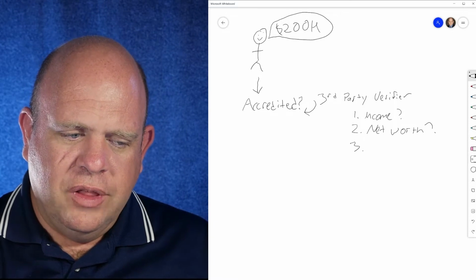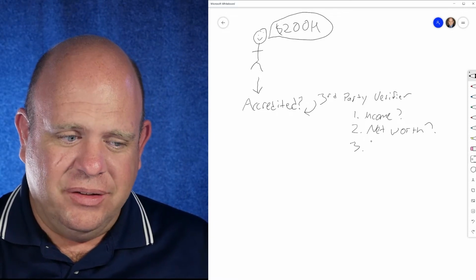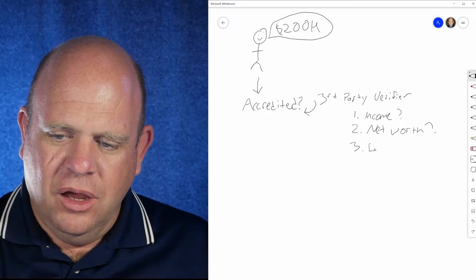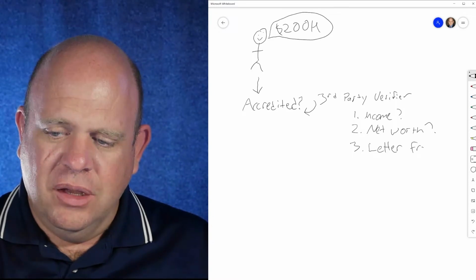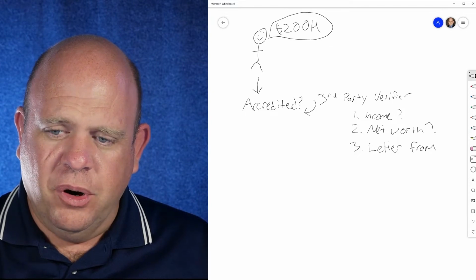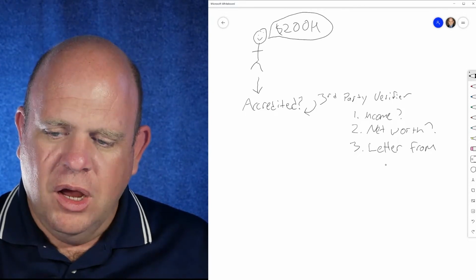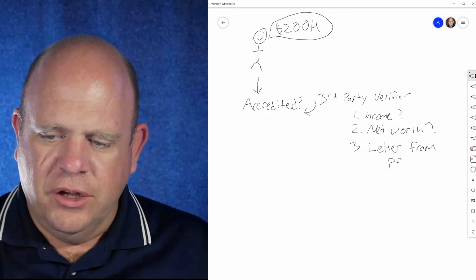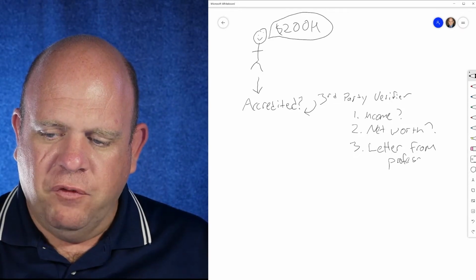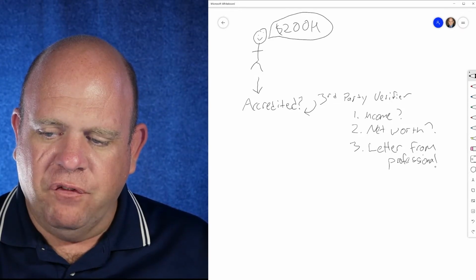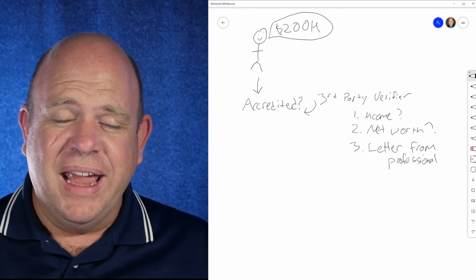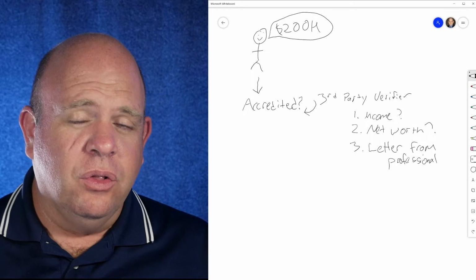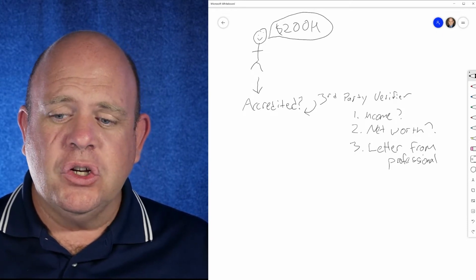Or do they have, this is the way I like to do it because it's the easiest, a letter from a professional. I like to make sure that they know that they can do this. Almost any third-party verifier will let them do this. Now, it has to be a professional with knowledge about their financial situation. So we're talking their tax accountant, their CPA, their lawyer, their money manager, things like that.